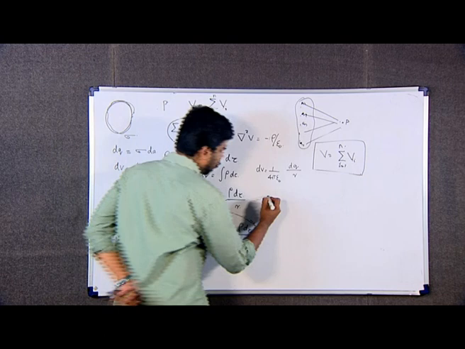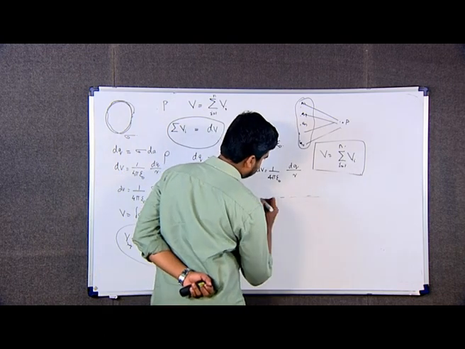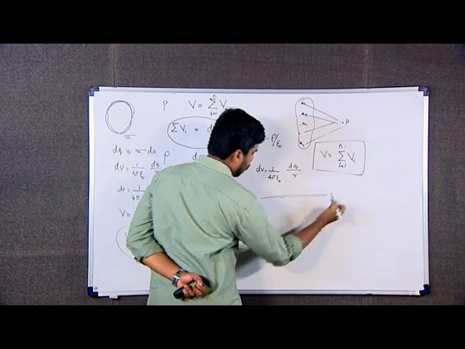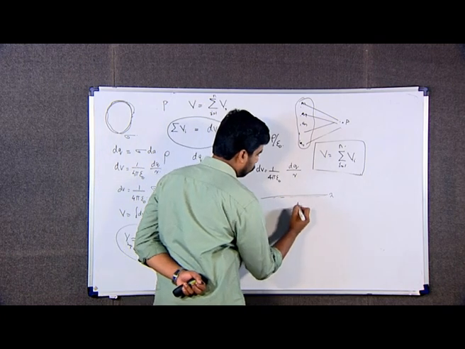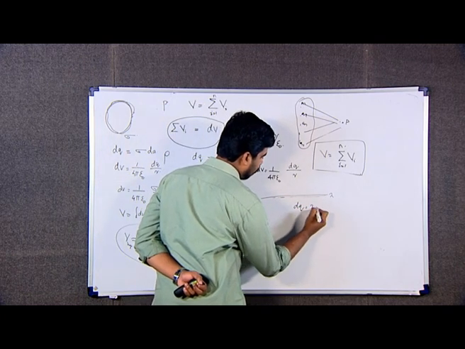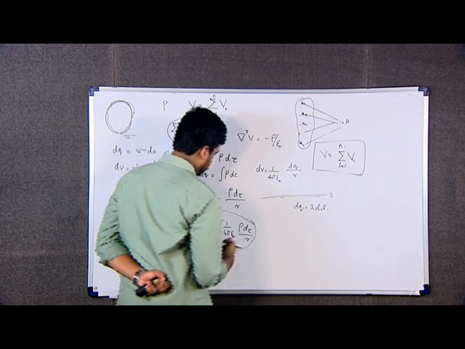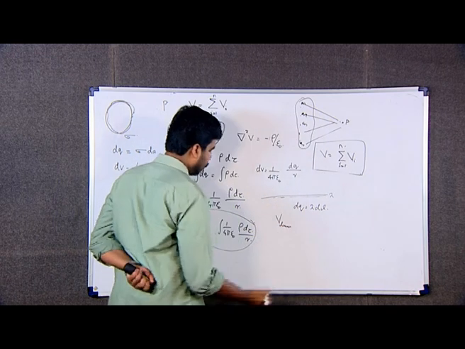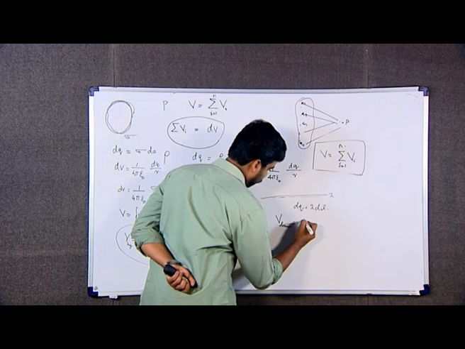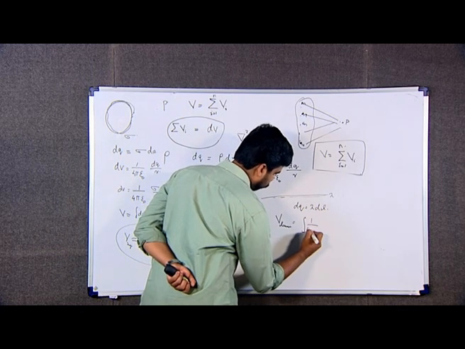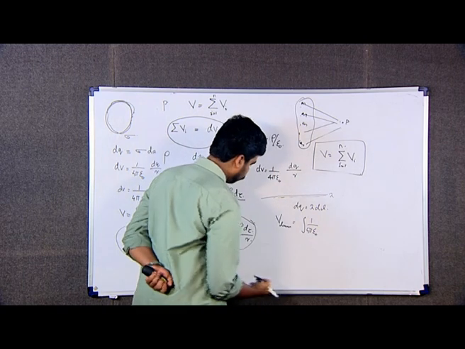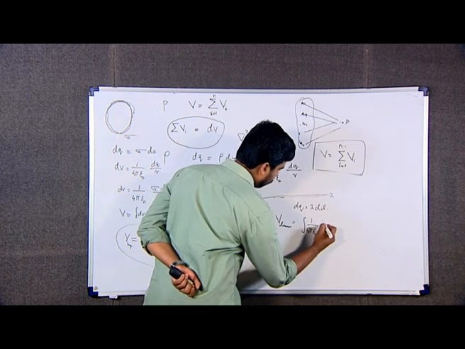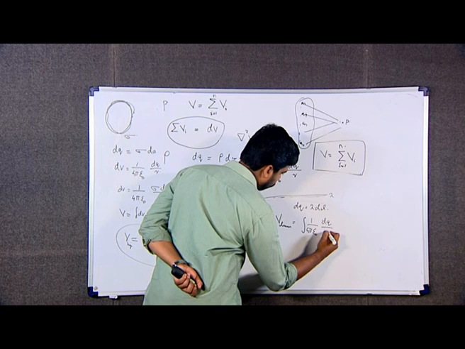And if the charges are arranged in a linear way, and if the linear charge distribution is lambda, I can write dq is equal to lambda dl, and V linear is equal to integral 1 by 4 pi epsilon 0 dq by r.